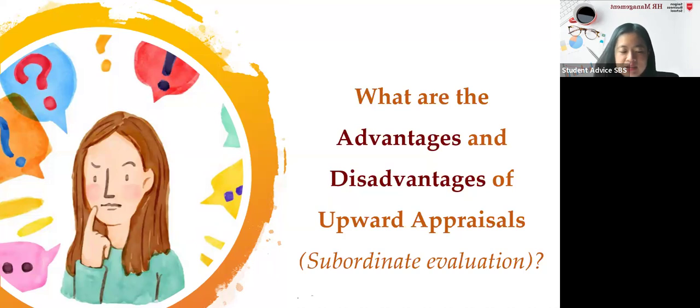And I think that is a very strong point of the 360-degree feedback. And for the upward appraisal, it's not common, to be honest, but it's very important to consider the contribution of this kind of appraisal when it comes to leadership improvement.